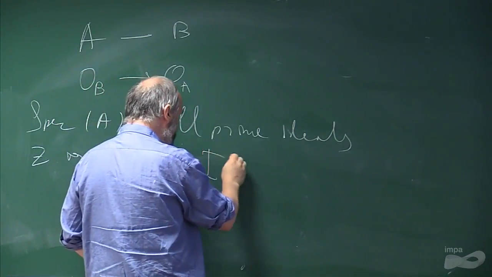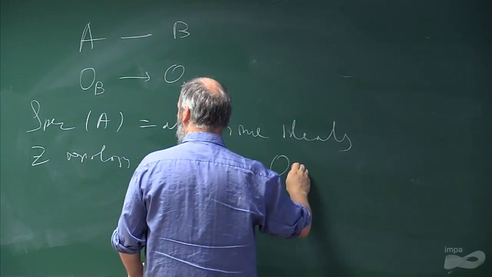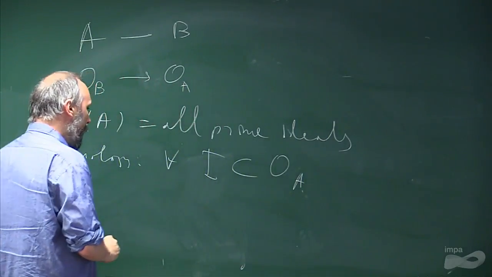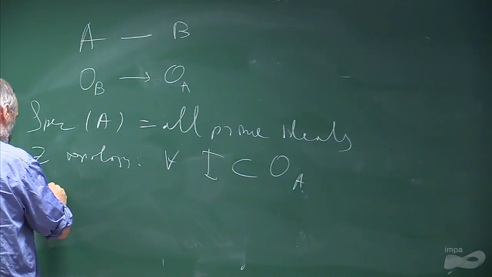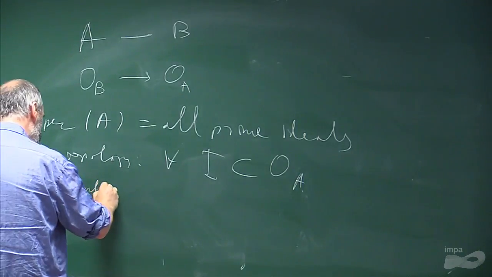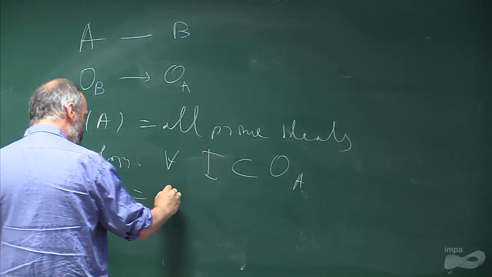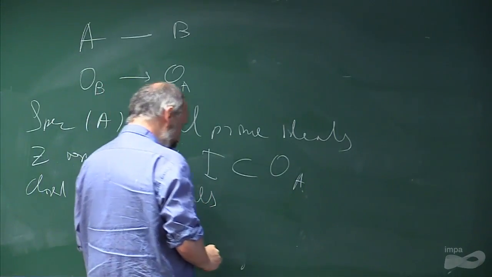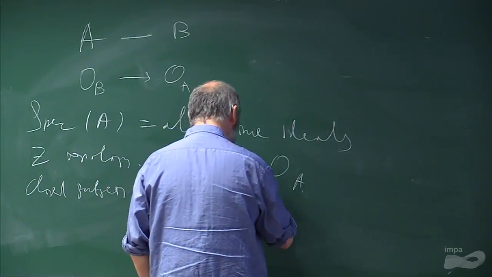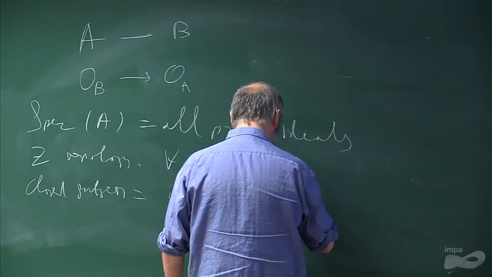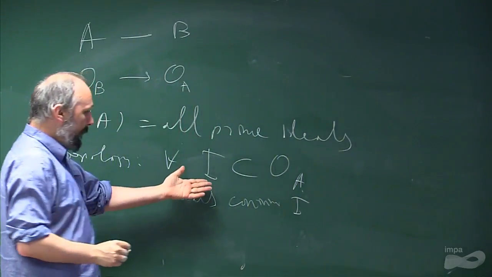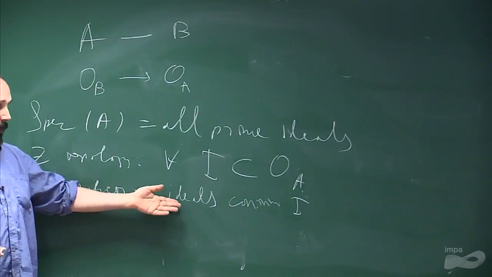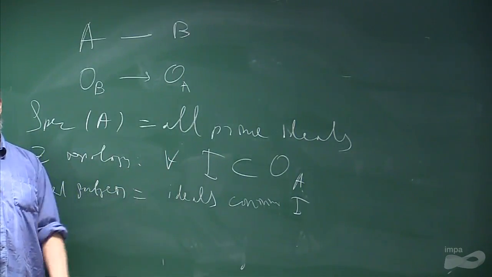So you take an ideal I inside OX or OA, and then closed subsets are the same as ideals containing I. For instance, if I is 0, then you obtain all ideals because all ideals contain 0.